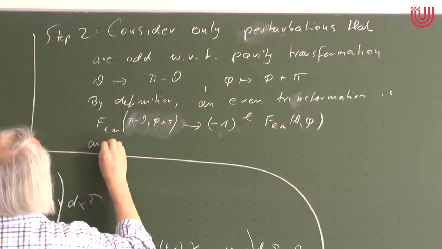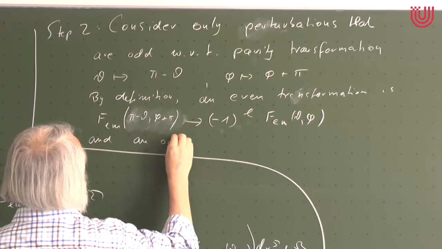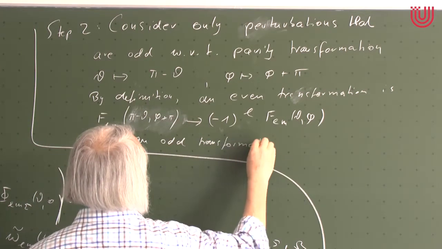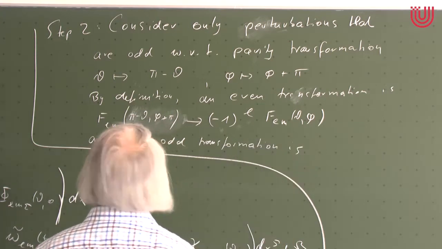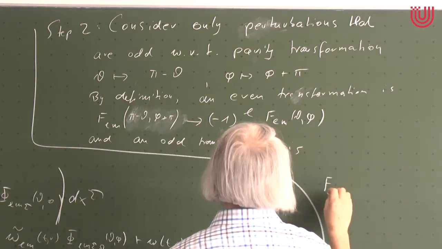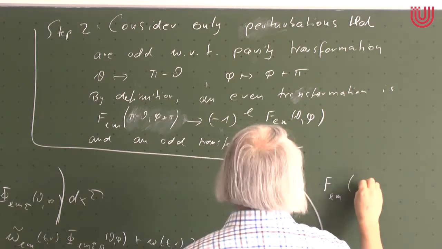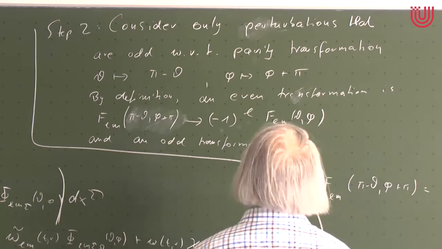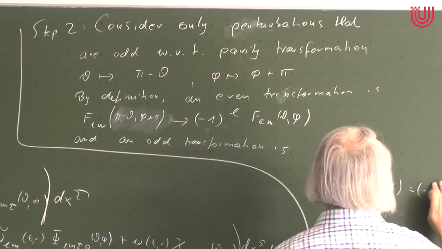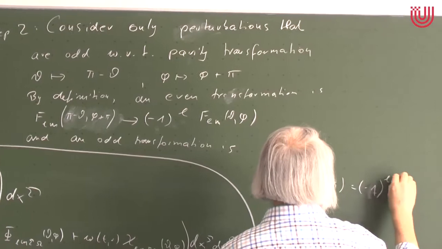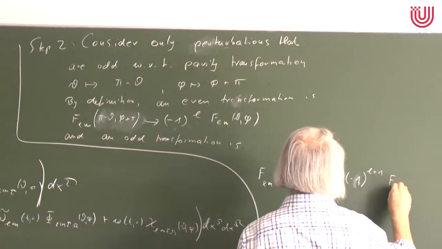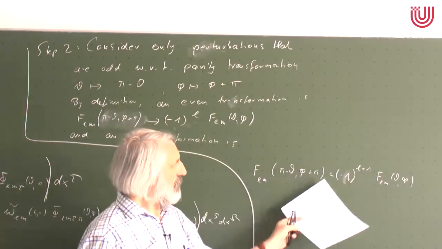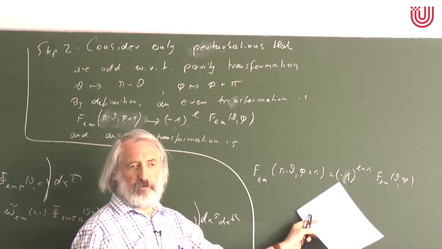And an odd transformation, that's now easy to guess. It's the same thing with the other sign. F_LM(pi minus theta, phi plus pi) is (-1)^(L+1) F_LM. Yeah, this means if L is odd, then this is just the factor 1, then this doesn't change.